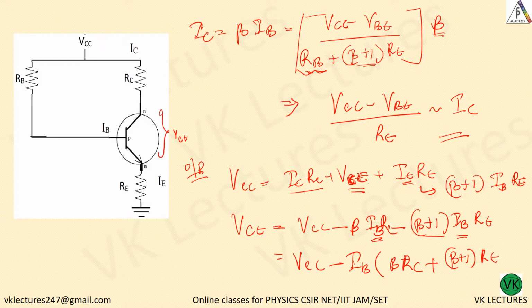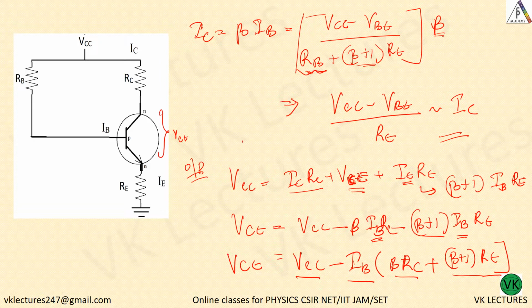So VCE is equal to VCC minus IB into beta times RC plus beta plus 1 times RE. Fine.